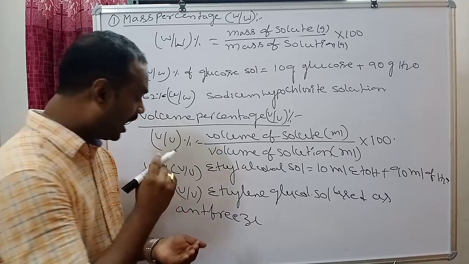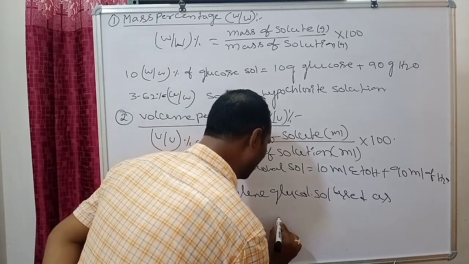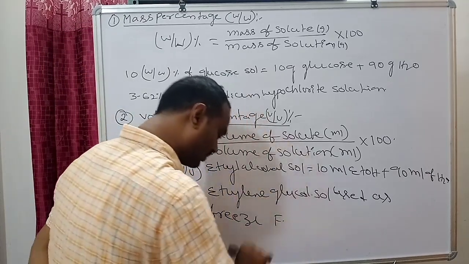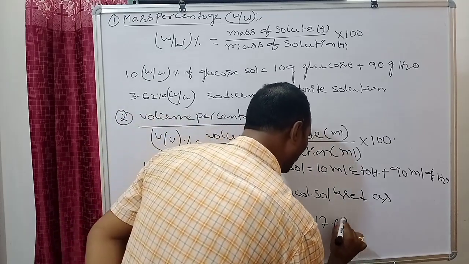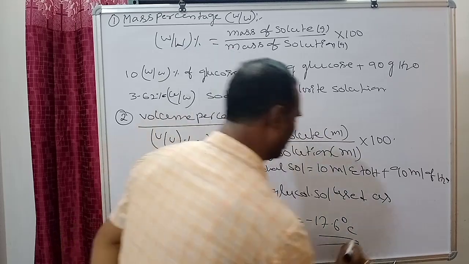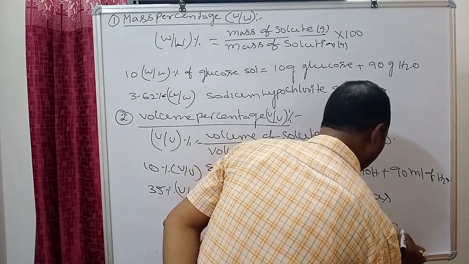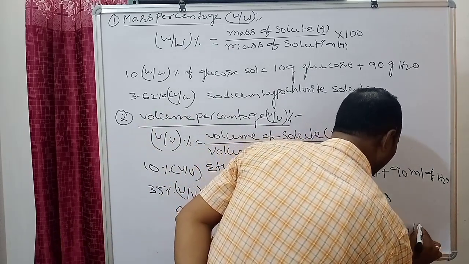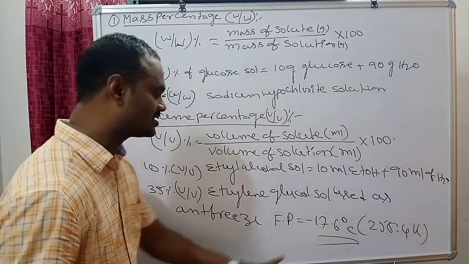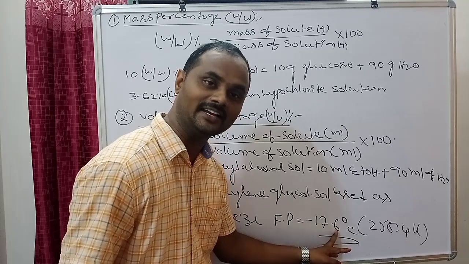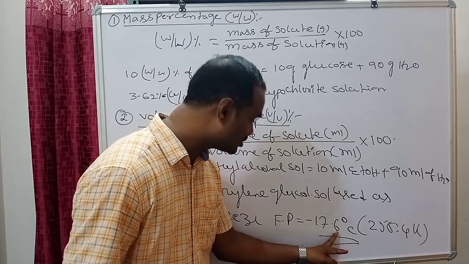The water freezing point becomes minus 17.6 degrees Celsius, almost 255.4 Kelvin. Up to minus 17 degrees also water never undergoes freezing.